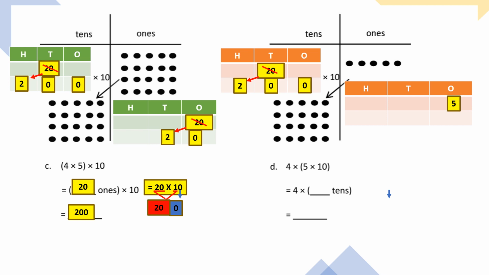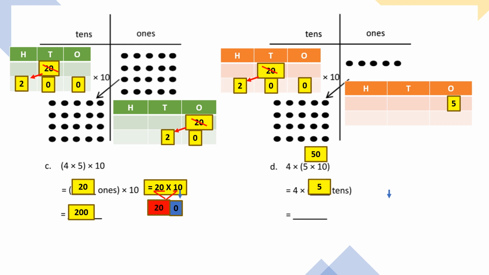Okay, well, how many tens are in 50? That's right, 5 tens. There are 5 tens in 50. Very good. So they rewrote the problem as 4 times 5 tens.